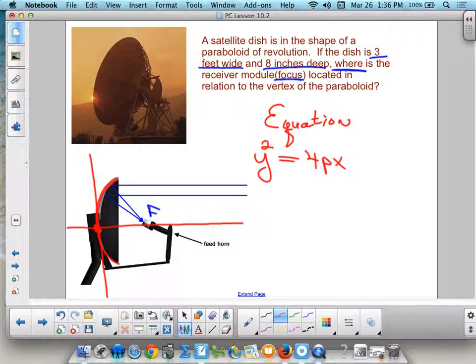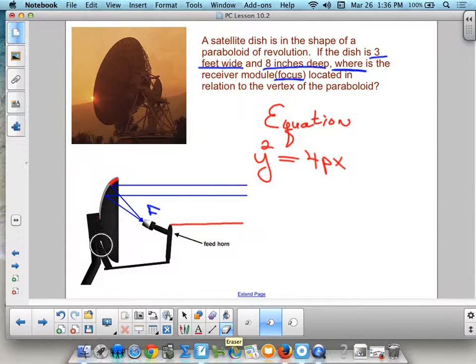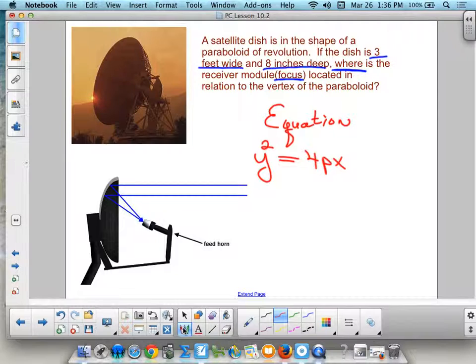If I were you, I'd try my best to put the origin right on the vertex. It makes life easy. But can I tell you this? One of my classes today told me to do this: y-axis, x-axis. Where did the origin hang out? The origin hangs out right there. Is this still going to work? It does work.